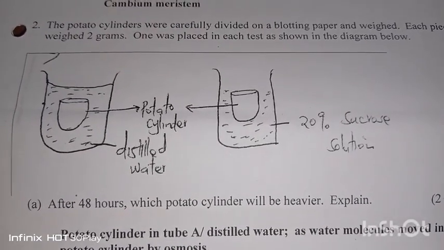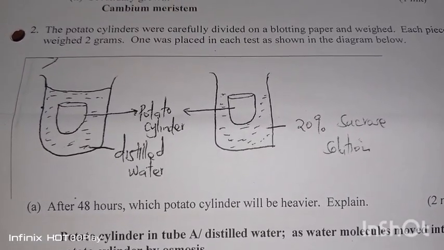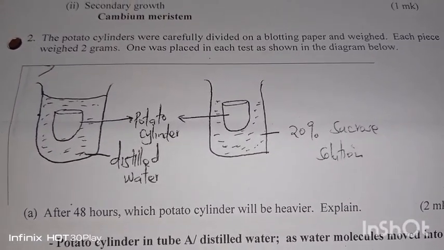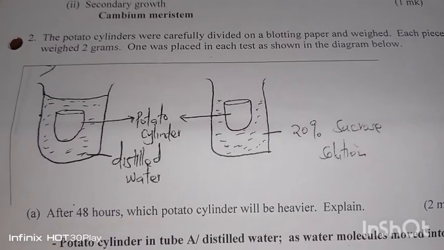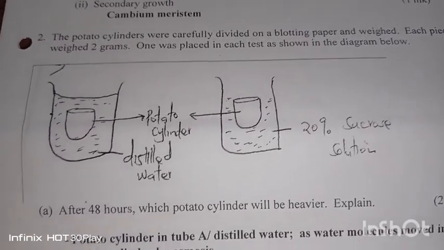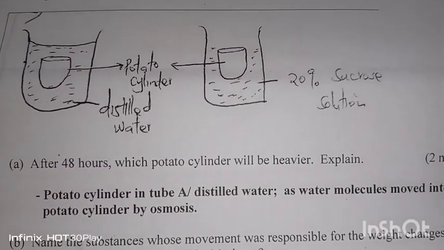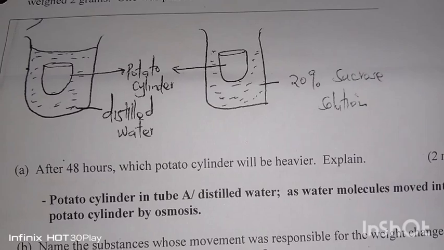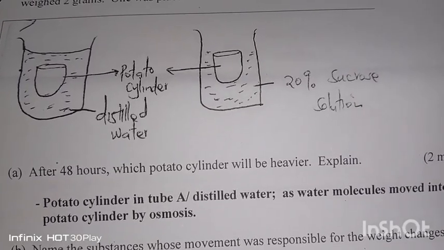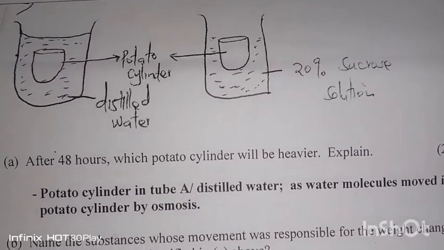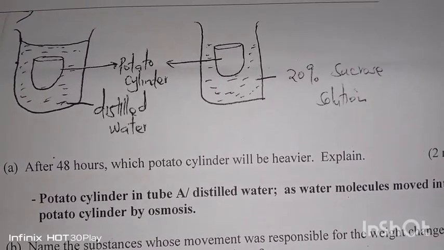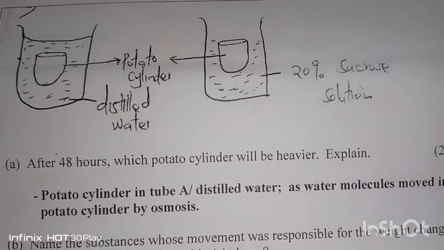So here, what you look at is whether it is gaining water or losing water, in short. And what you should know is that the potato cylinder that is immersed in distilled water, which is a region of high water potential, will gain water by osmosis and therefore it will increase in mass and also in size.